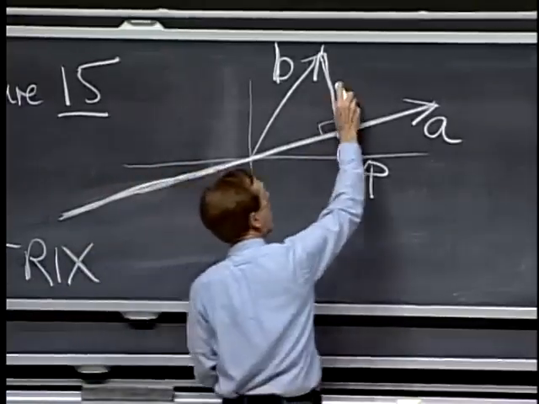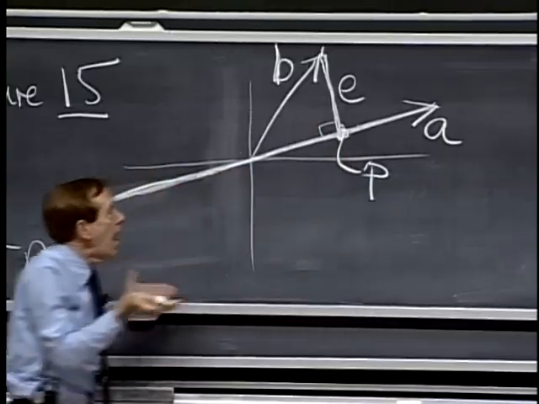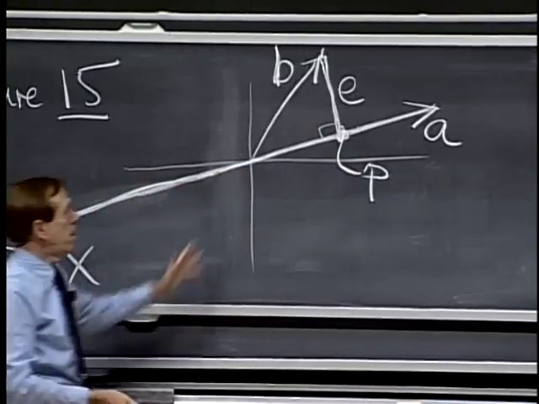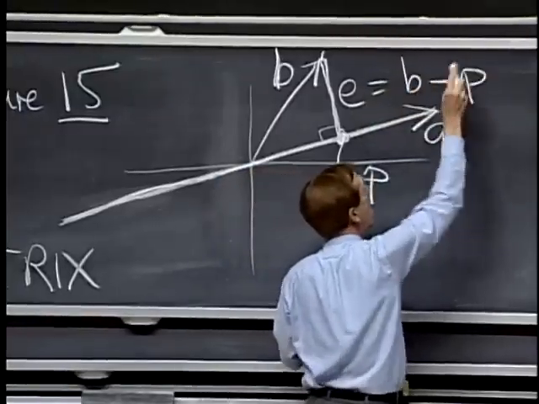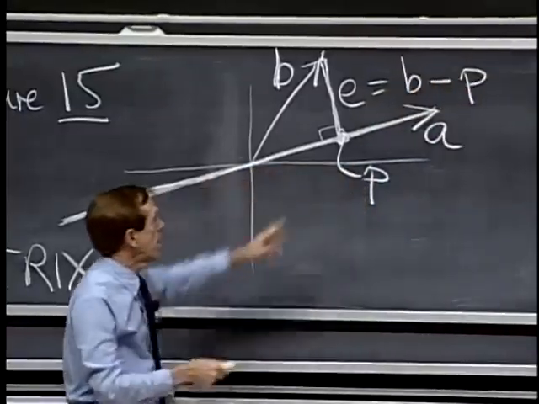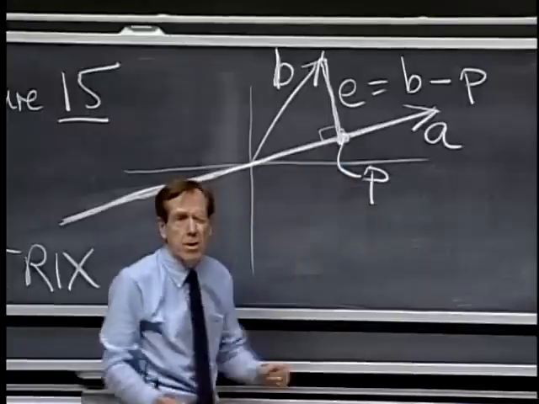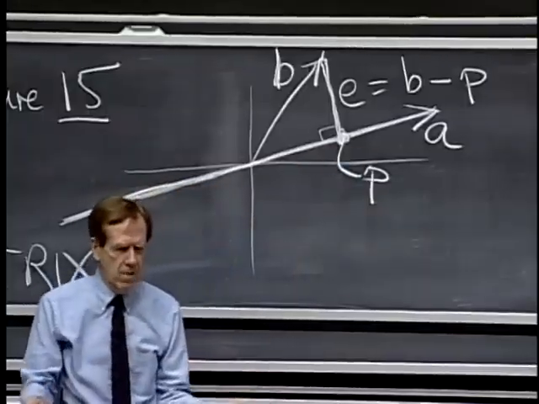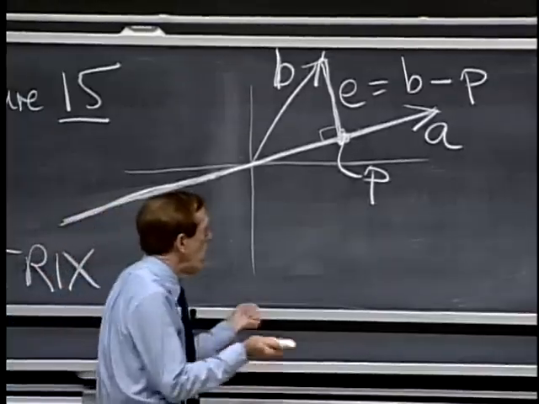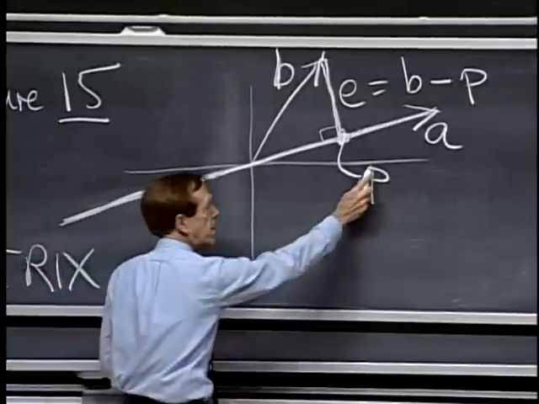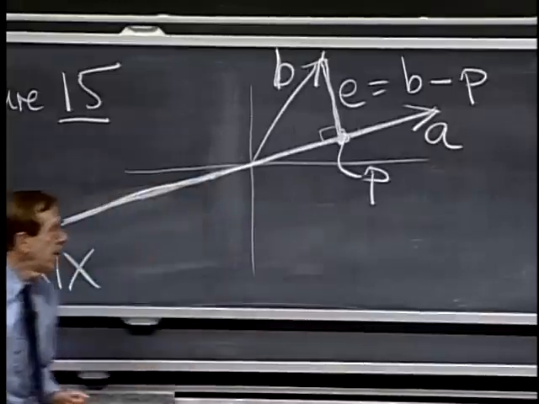That the error, this is like how much I'm wrong by, this is the difference between B and P. The whole point is that's perpendicular to A. That's got to give us the equation. That's the one fact we know, that's got to tell us where that projection is.